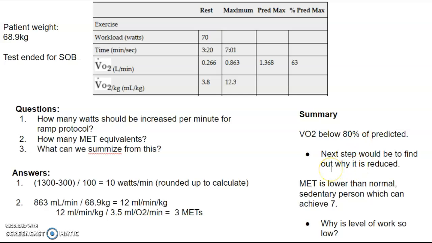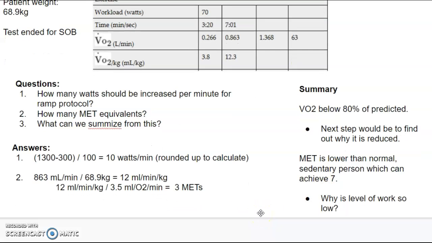We also want to find out, why is the MET lower than normal? If a sedentary normal person can normally achieve a MET of 7, why is this person not even getting half of that? So that is where we will take a look at the rest of our exercise testing data, and that will be our next step.